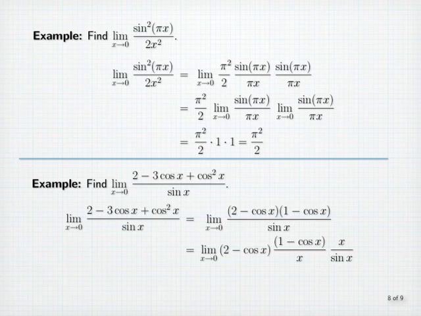Notice that we brought in an x into our denominator to match up with the 1 minus cosine x in the numerator, as well as an x in the numerator to go along with the sine x in the denominator. So again, now we have a product, and we know the limit of each of those factors, and so our limit here ends up being (2 minus 1) times 0 divided by 1, which is 0.